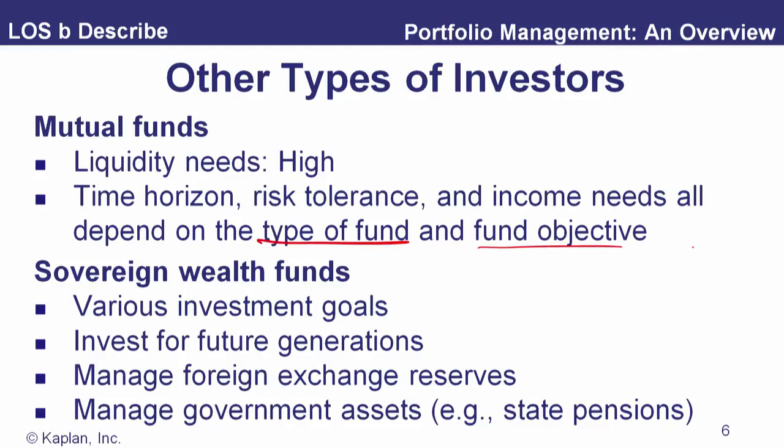A sovereign wealth fund. So a sovereign wealth fund has investment goals that are probably as diverse as the sovereign wealth funds themselves. They're investing essentially for future generations, and they manage foreign exchange reserves out of this as well. Generally, they manage government assets.